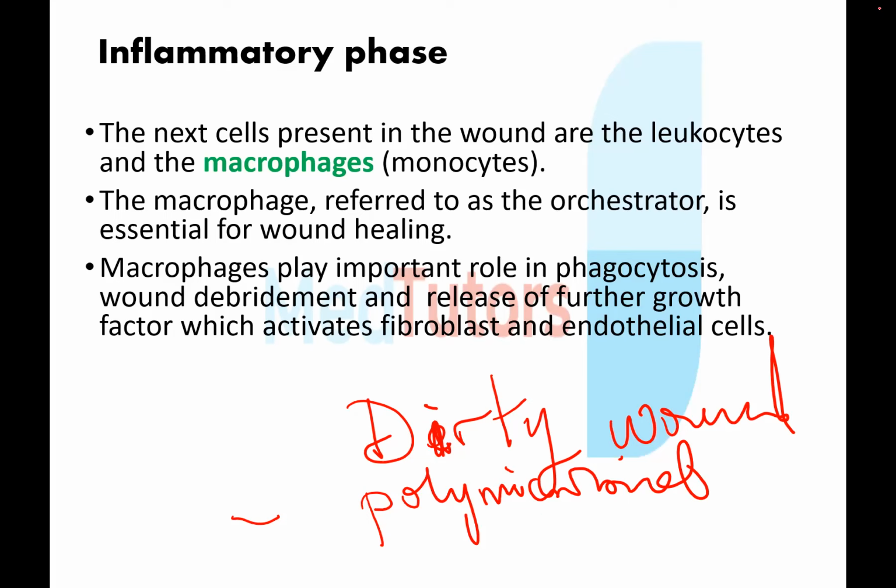What the hydrogen peroxide does, it releases free oxygen ions that destroy the anaerobic organisms, which do not survive in oxygen. You use hydrogen peroxide as a topical dressing agent, especially for dirty wounds, polymicrobial wounds.